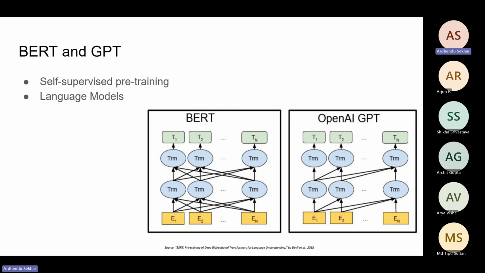So only one direction of attention should go. This particular word can look at every word before it, but it shouldn't be able to look at any word after it. That's the only difference in the way GPT and BERT work. There isn't much difference in how these models are trained or in their performance. It's just that one went with just the encoder and one went with just the decoder.